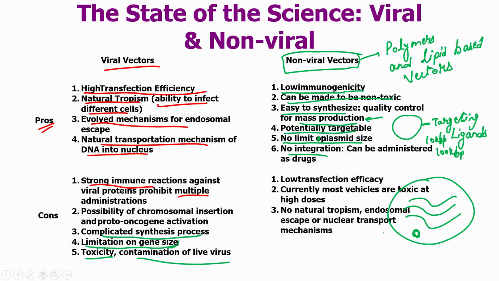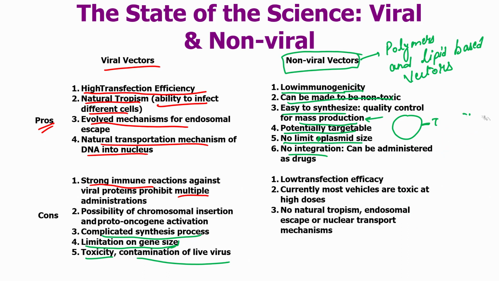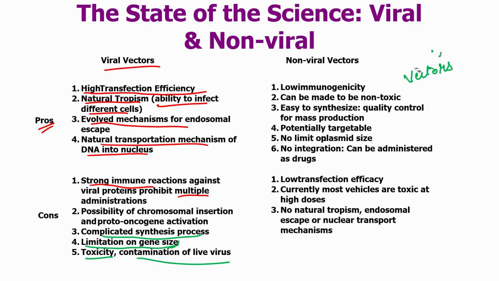However, like the viral vector, there are some cons associated with these systems as well, and let us look at what some of these cons are. The biggest con is a fairly low transfection efficacy. With viruses you are talking about more than 50% of the cargo transfecting; here the efficiency is actually very low.